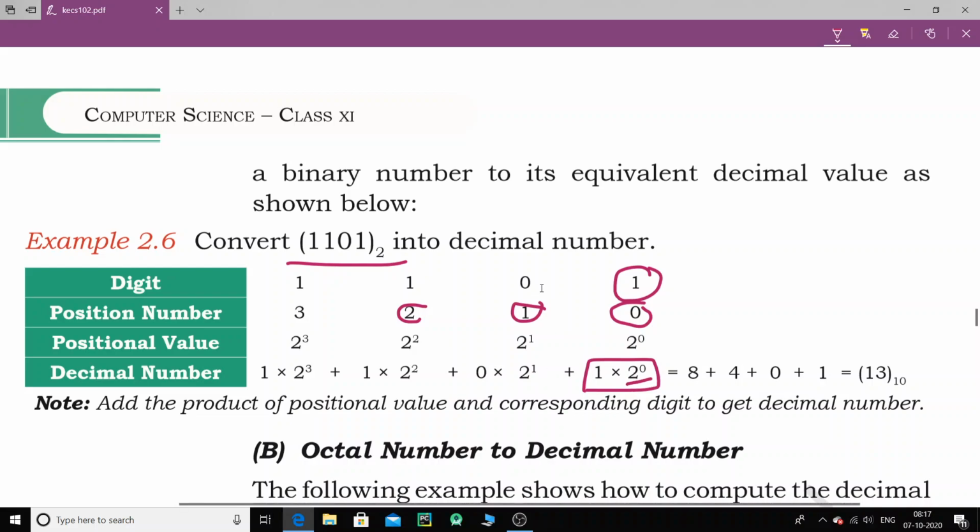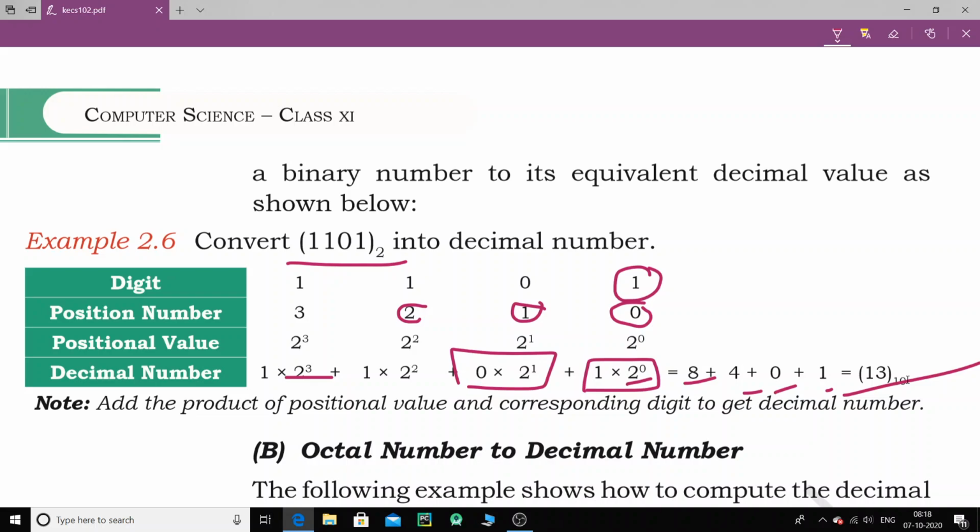And then plus, that is 0 into 2 raised to 1 plus 1 into 2 raised to 2, so the power keeps on increasing, and then 1 into 2 raised to 3. So this is anyway 0, this goes off, and the remaining part is, we have to add this number. So this makes 8, this makes 4, this will make 0, and this makes 1, and if we add that, it comes down to 13. So this is how we can convert from the binary to decimal.